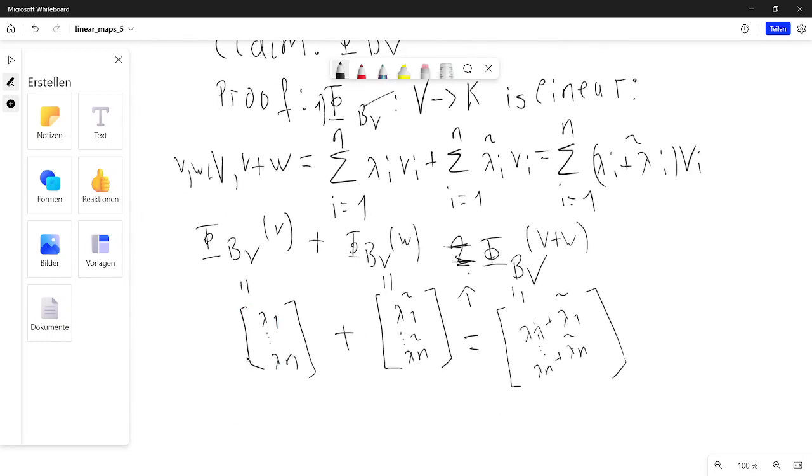And of course, for lambda in K and v in V, we have the same way that the image of lambda v is lambda times the image of v. You can write it down yourself. Lambda_i here, you have a representation of that. I have just taken that inside, the distributivity or whatever, and that is just the coordinates.